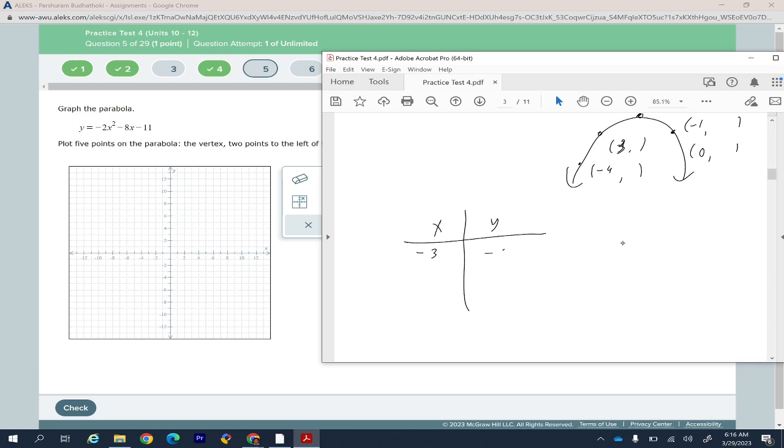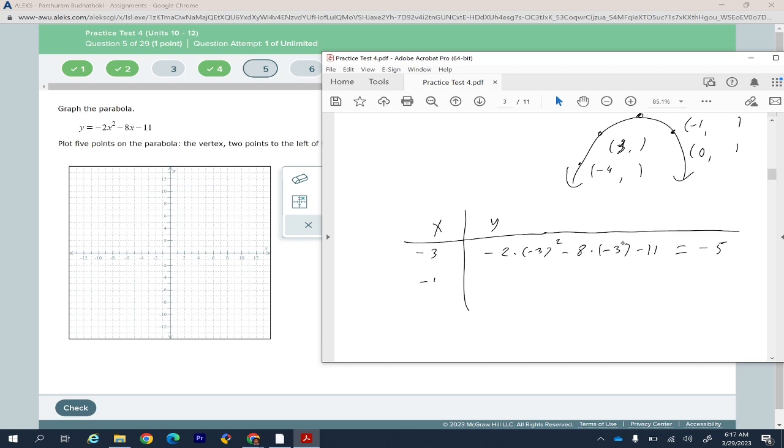That will be negative 2 times negative 3 whole square, negative 8 times negative 3, negative 11, and if you do this calculation on your calculator, it will be 9, negative 18, positive 24 minus 11, so that is eventually negative 5. Okay, when x is negative 3, the y is negative 5.